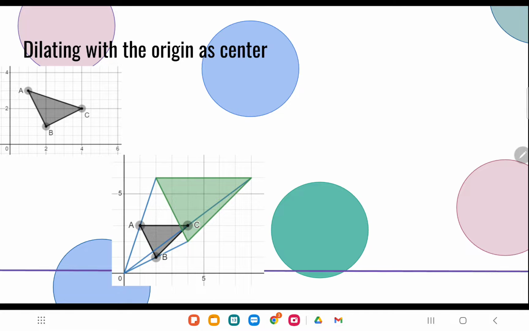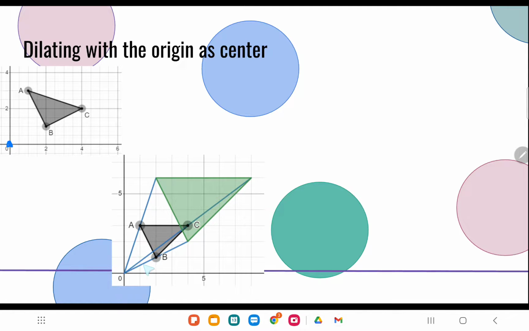So, dilating with the origin as the center, we can see here that our figure ABC has been set up. We're going to dilate this figure, and triangle ABC will be dilated about the origin, 0, 0.